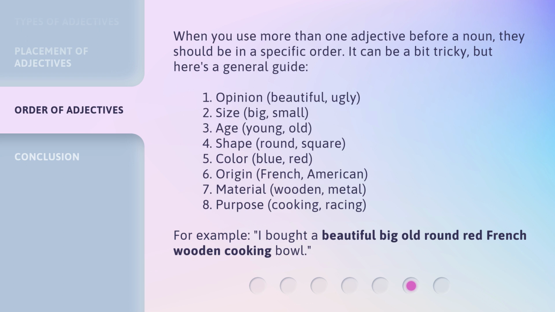Color, blue, red. 6. Origin, French, American. 7. Material, wooden, metal. 8. Purpose, cooking, racing. For example, I bought a beautiful big old round red French wooden cooking bowl.